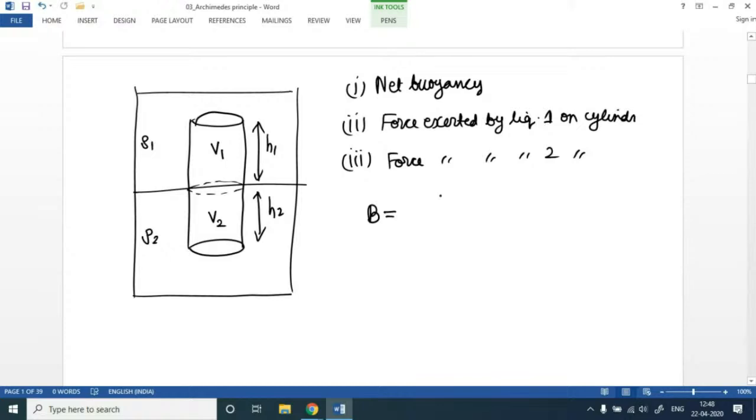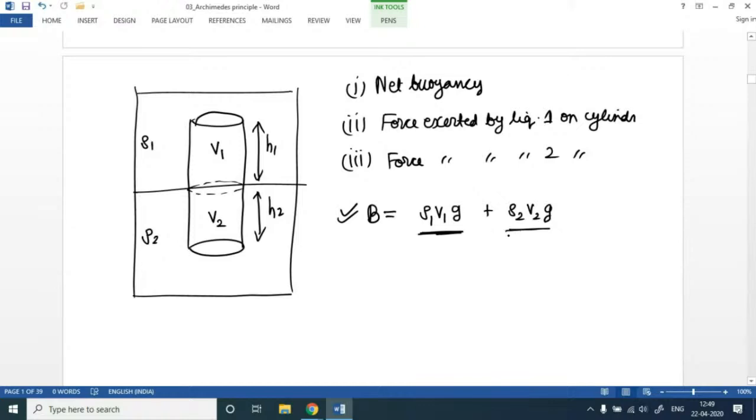The mass of that liquid would be rho 1 times V1, and its weight would be rho 1 V1 g. And the weight of liquid 2 displaced is rho 2 V2 g. So this is simply buoyancy. The confusing point is that people think that the term rho 1 V1 g is the force exerted by liquid 1, and rho 2 V2 g is the force exerted by liquid 2. But that is not correct.